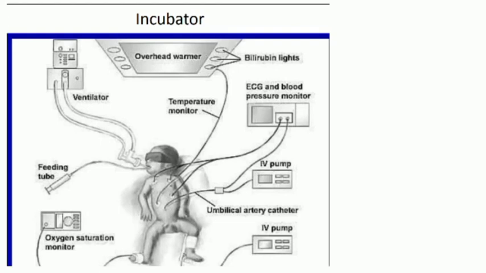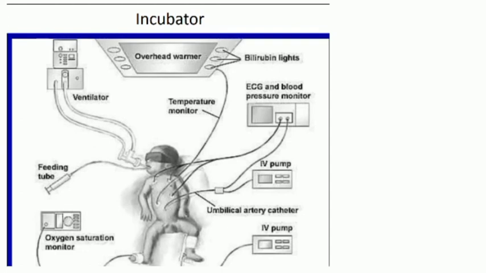Since we are dealing with premature babies, he may have an ailment in the heart, so we need to check the heart functioning, and the blood pressure should also be checked. So we have an ECG as well as a blood pressure monitor, and the incubator should also have a feeding system, and the oxygen saturation of the blood of the kid should be checked frequently.